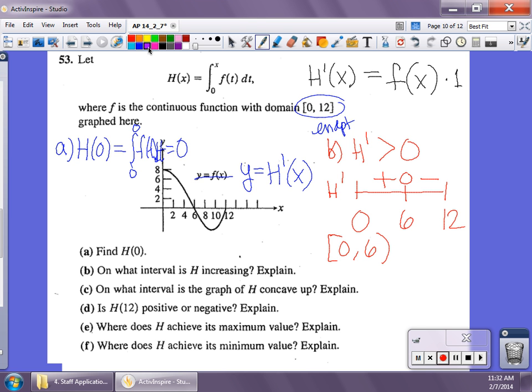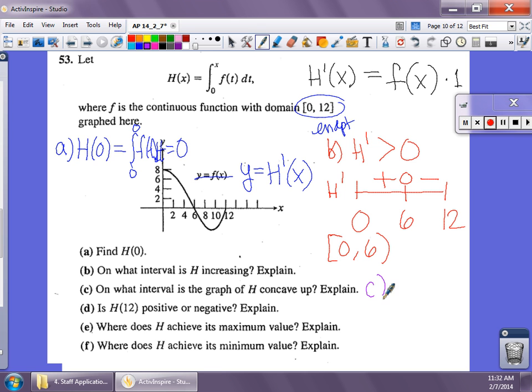When is it concave up or concave down? So part C, concavity would be h double prime. Concave up would be greater than 0. So now I need h double prime's sign chart from 0 to 12. That's my slopes, right? Some people will argue it. I'm pretty sure there's a horizontal tangent right there.